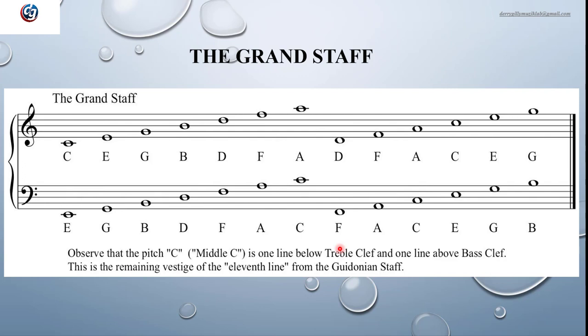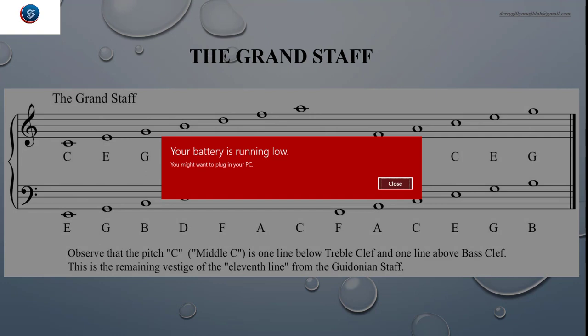Okay, two 5-line staves slightly separated together, and then the remaining invisible middle line shared by both. So we could now say that the grand staff yields the potential for locating and notating all pitches from the lowest to the highest.